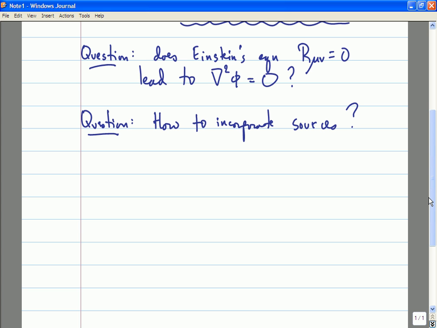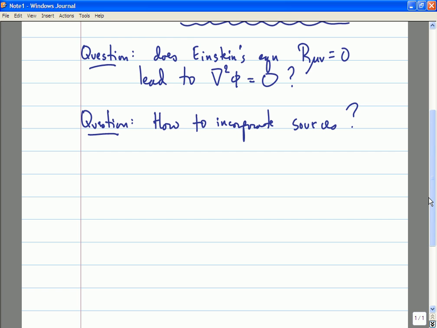So the first thing that I would like to answer is the second question. How do we incorporate the sources that will be present on the right-hand side of Einstein's equation? Well, we decided last time that we needed our sources to be represented by a symmetric 0, 2 tensor.